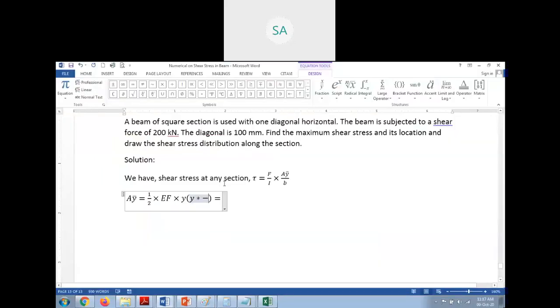So minus 2y by 3. This will give me A y bar.